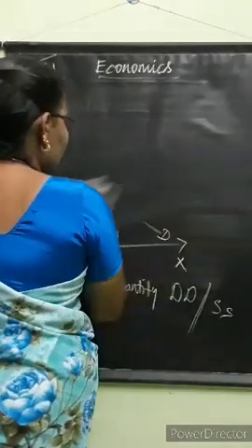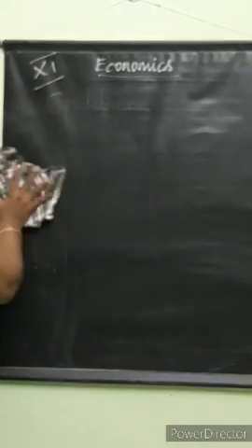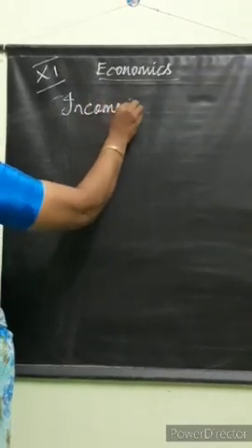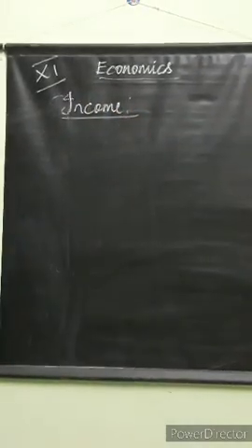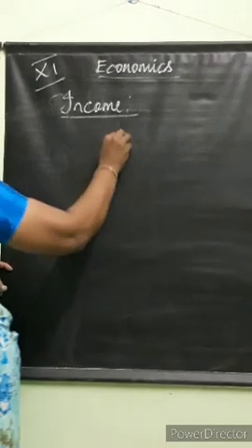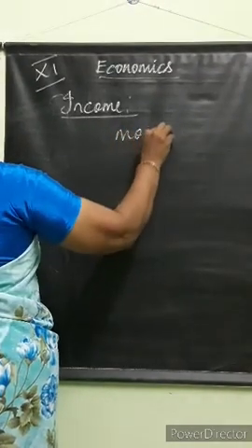And then we are going to study about income. That is the main thing in life, isn't it? Next one, we are going to study about income. What is income? Usually the term income talks about money, isn't it?